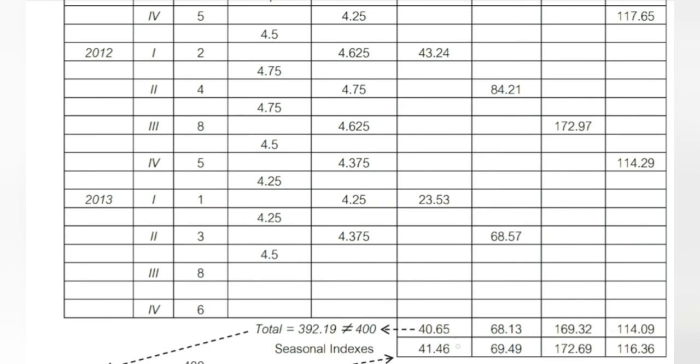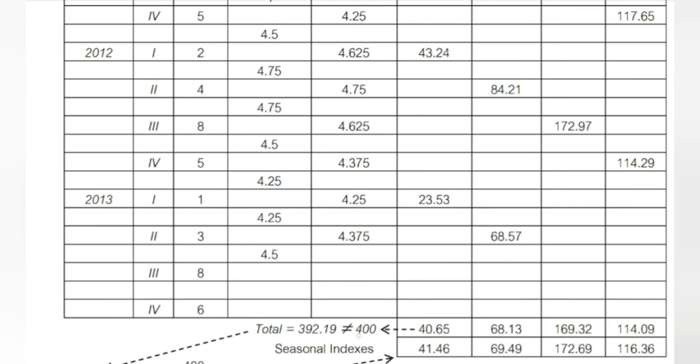Therefore, check. The 4 seasonal indexes 40.65, 68.13, 169.32, 114.09. What do you get? We get 392.19. This is not equal to 400. Actually, if they are indexes, their sum must be 400, because there are 4 seasons and their averages are 100. Based on 100, we computed and got 40.65, 68.13, 169.32 and so on.